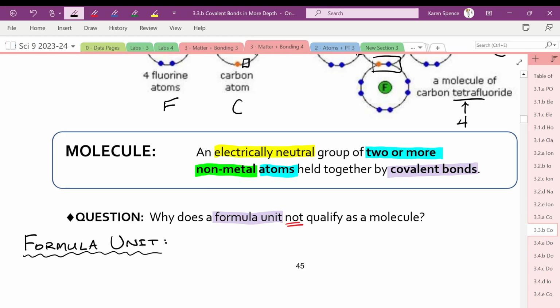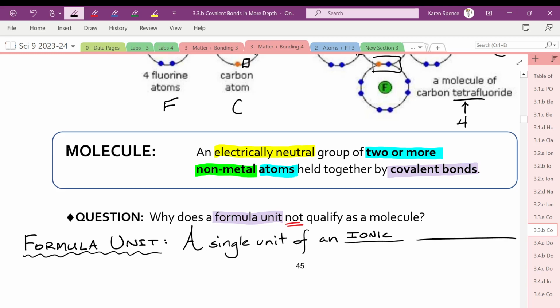Why does a formula unit not qualify as a molecule? Or actually, before we do that, we need to say, what is a formula unit? Sorry. What is a formula unit? It's a single unit of an... Ionic compound.